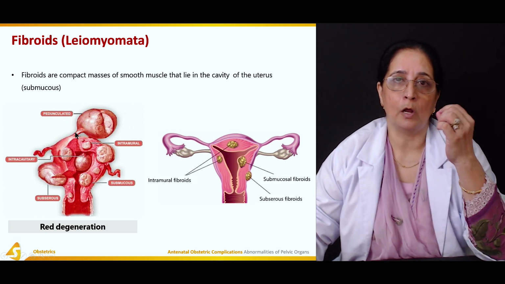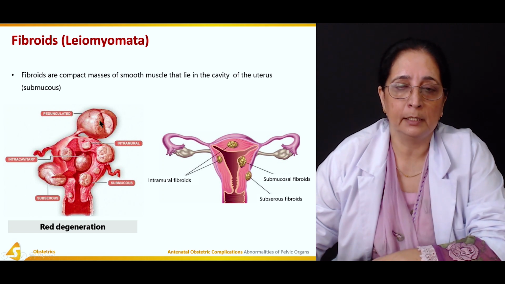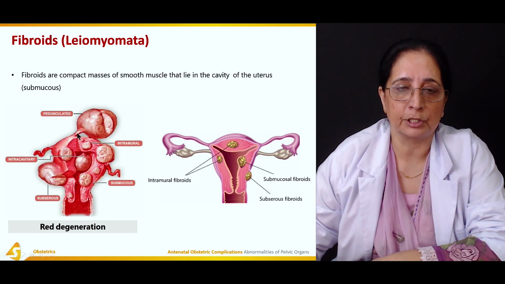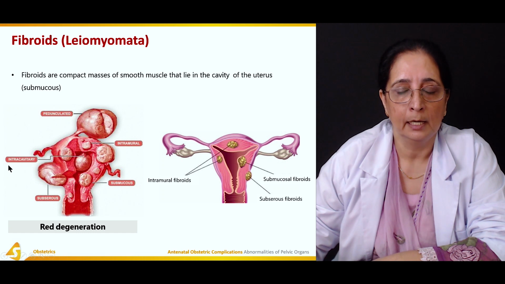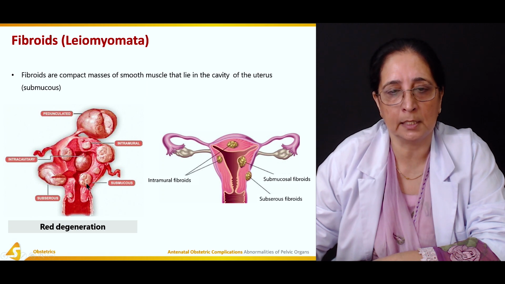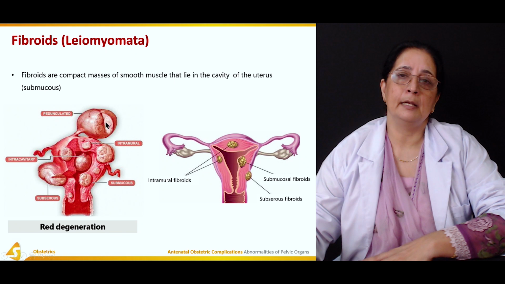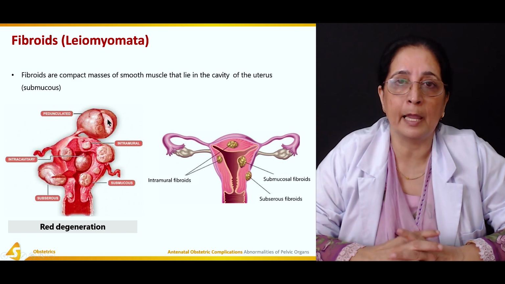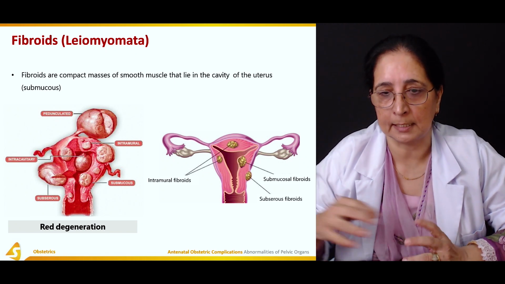Pedunculated is a small stalk to which the fibroid is attached. So this is pedunculated, intracavitary, submucous in the cavity also. This is submucous. Then there is intramural, subserous. All these are the different types of fibroids that can be present.